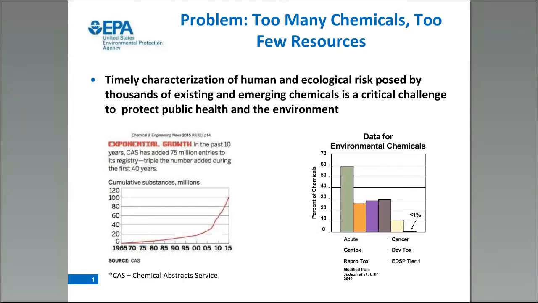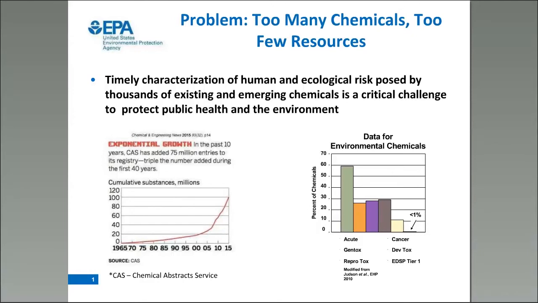But then once you start acquiring more of that data, you have a lot of data to work with. And how do you bring that all together in a way that can be used quickly and easily and efficiently for risk assessment activities? So the dashboard was designed in part to address that.